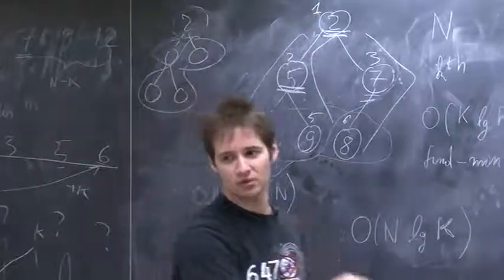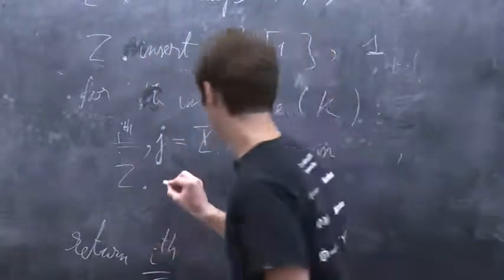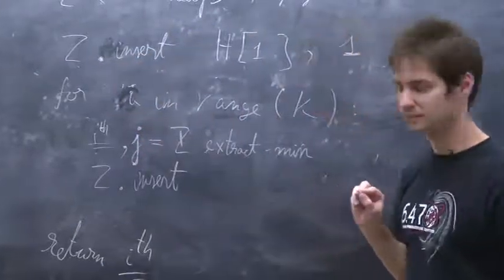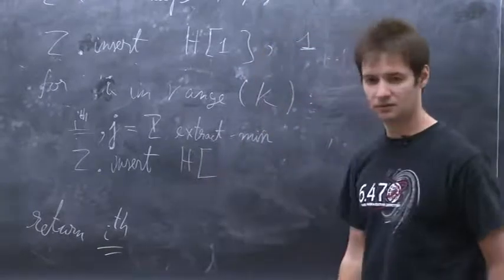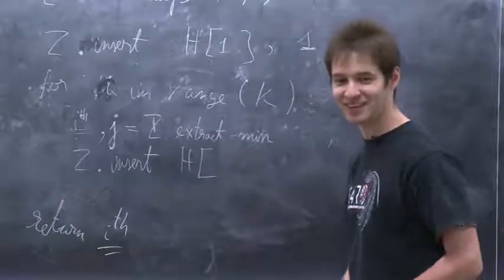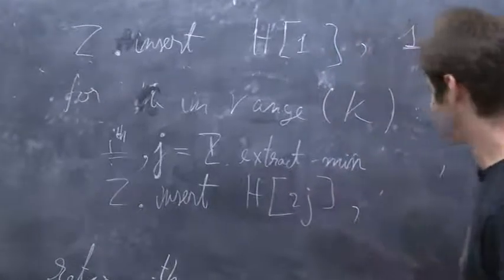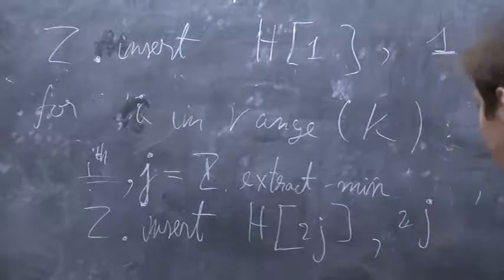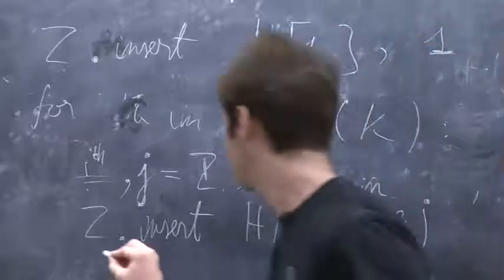So when we take out a node, we want to put its children in the horizon. So we're going to say z dot insert. What do I insert? Each of i times 2, j times 2. See, j, it's working already. The job security thing is working. And 2j plus 1. You have to do 2 lines. Okay, sweet.